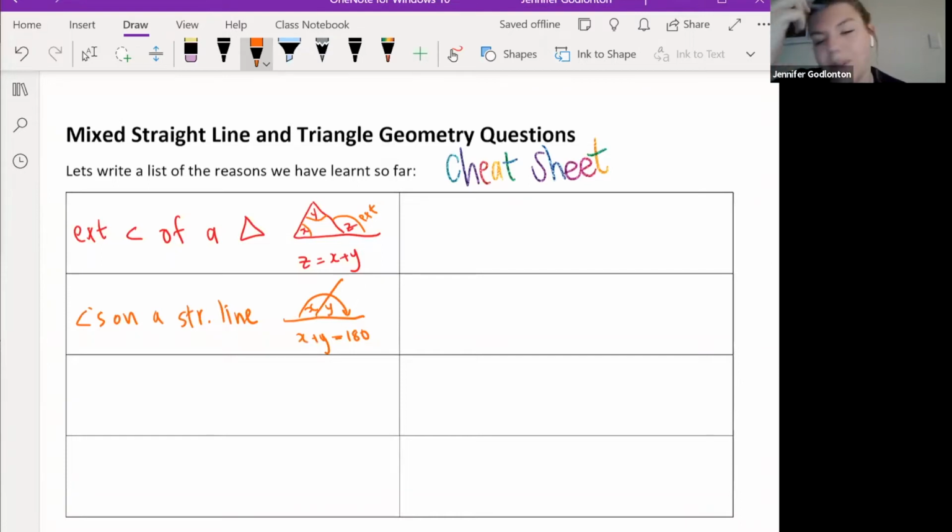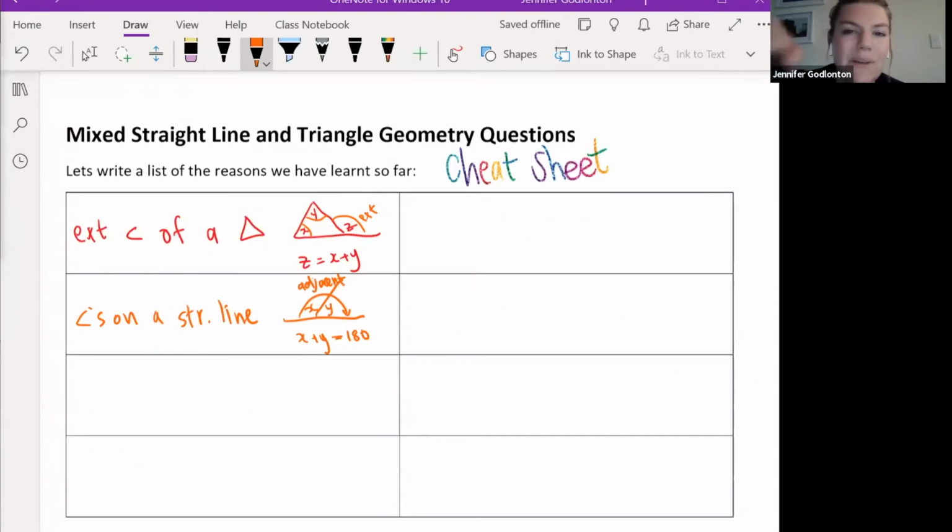It's a word that starts with an A. It's the fancy word for next to. They have to be adjacent angles. Okay, so adjacent means our angles have to be right next to each other. All right. Cool.